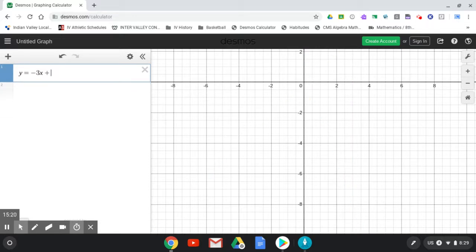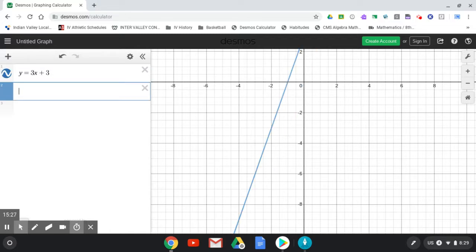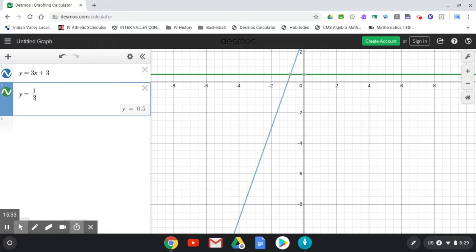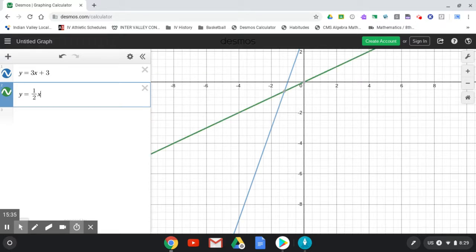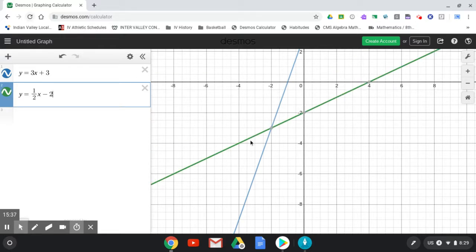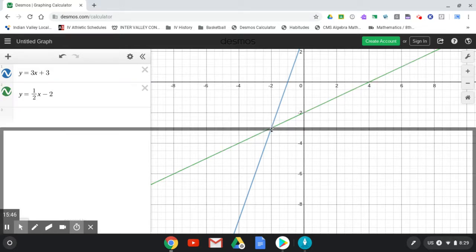y equals 3x plus 3 and y equals 1/2 x minus 2. Point of intersection is, come on.